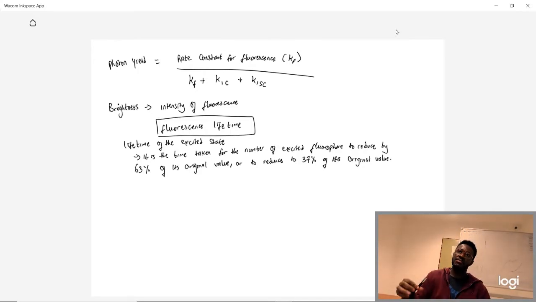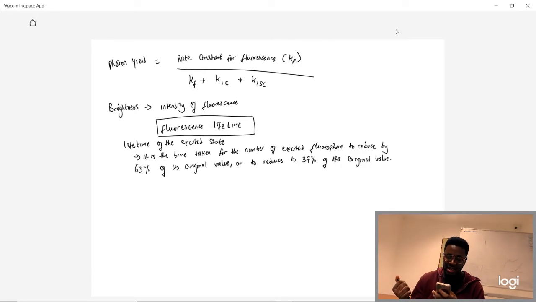Half-life is different: the time taken for the number of excited fluorophores to reduce by half, to half of the original value.